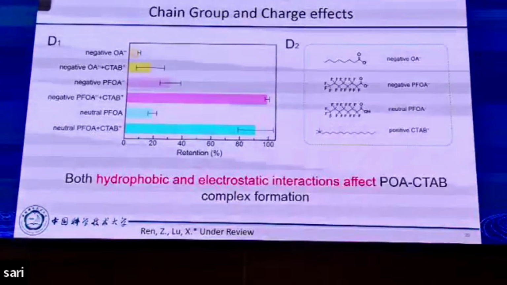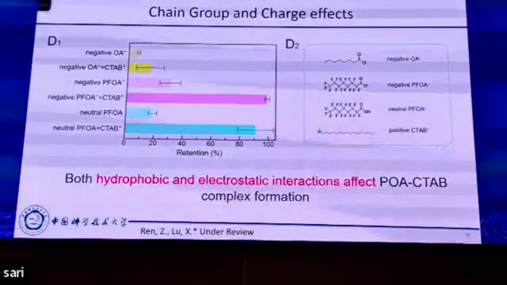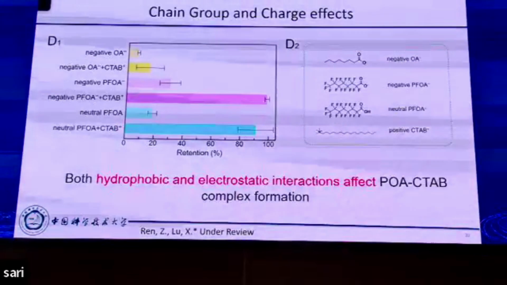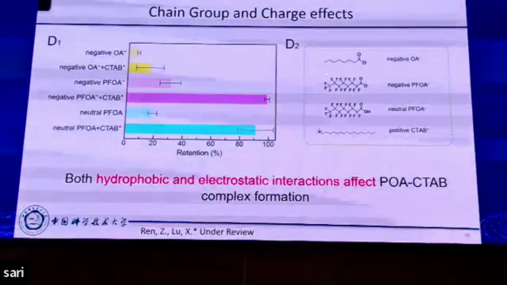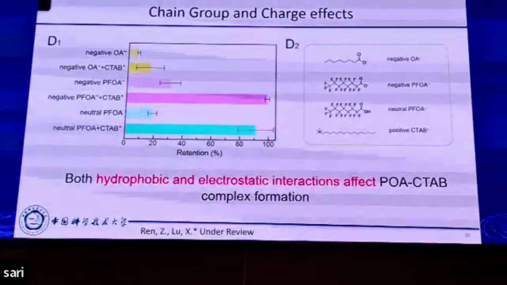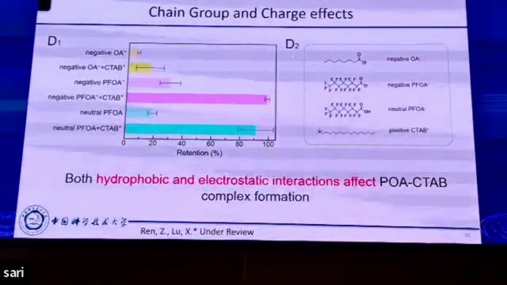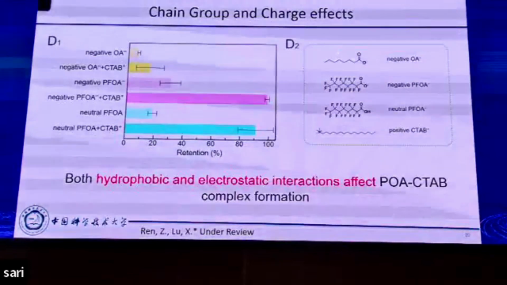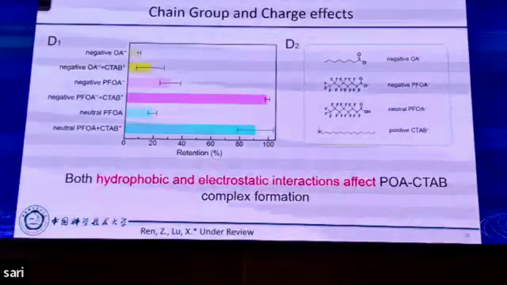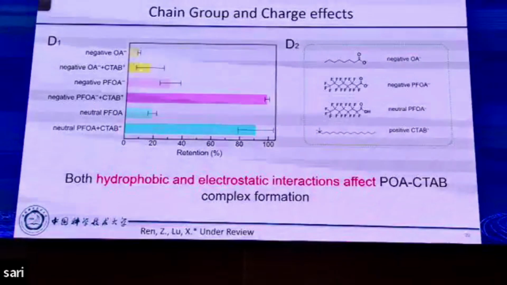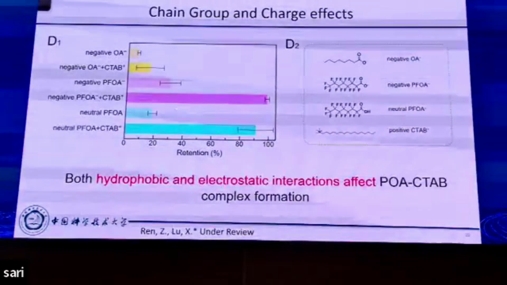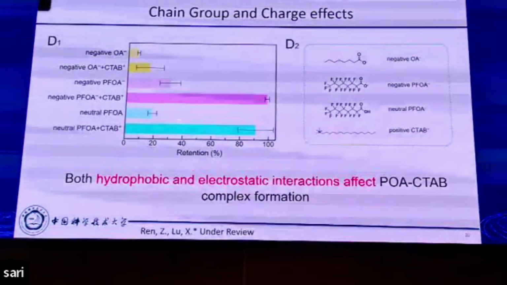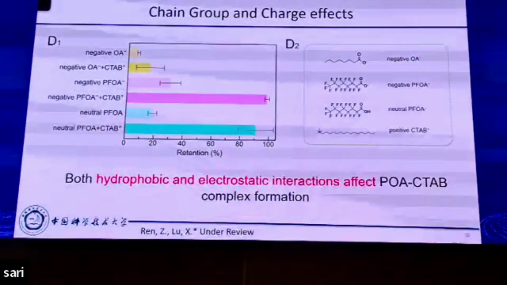The next thing we want to evaluate is the chain group and also the charge effect. We use a molecule with the same carbon chain structure, just without the fluorinated atoms on its carbon chain. We can see that the CTAB system does not work for it, whereas for the other systems with PFOA, we can achieve near complete rejection.